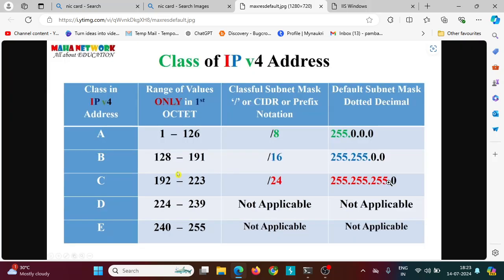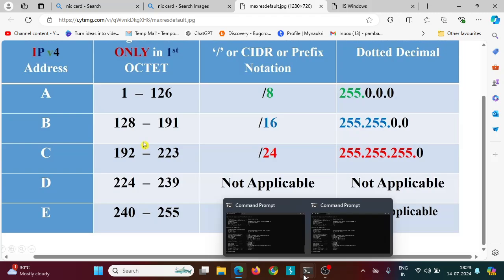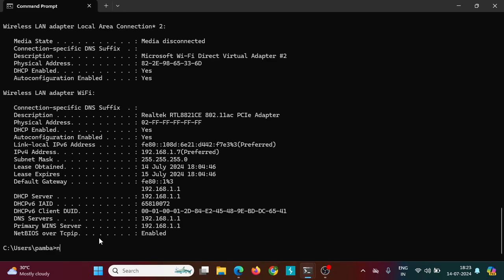In this class C we can see /24. Whenever we are scanning with nmap and providing a command, we will provide 192.168.1.0/24, which means we are telling nmap to scan all the systems, laptops, or whatever devices are connected to this network.